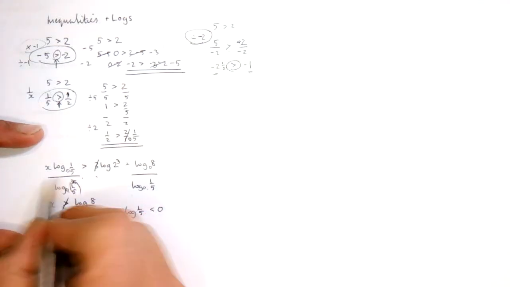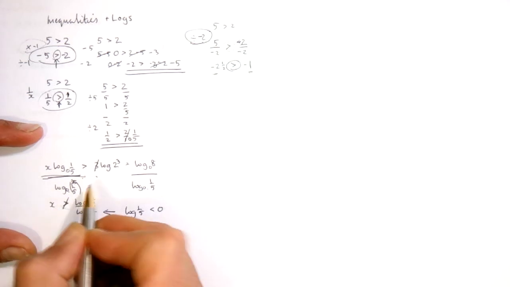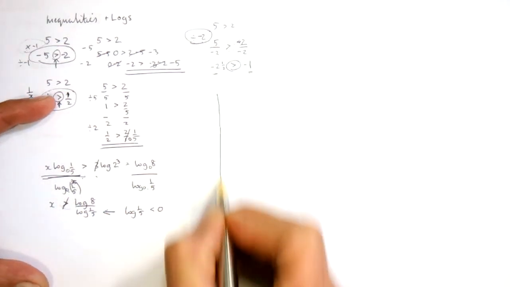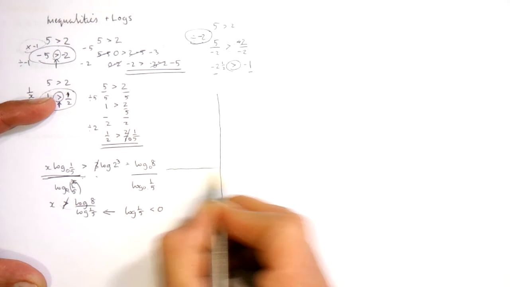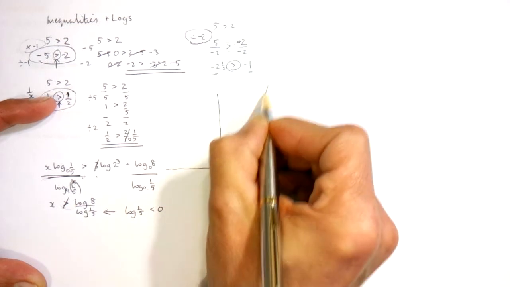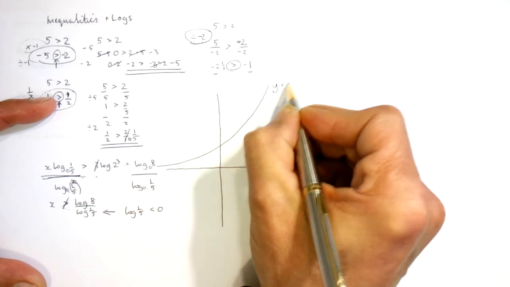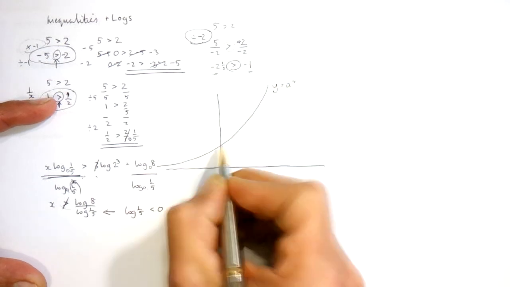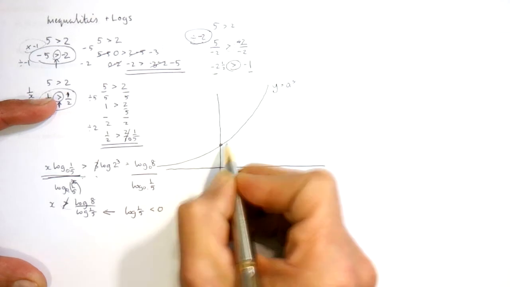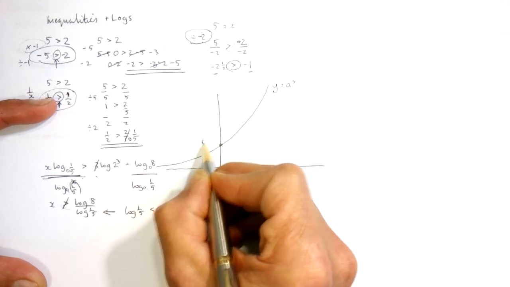We can understand which logs give us a negative by thinking about the log graph. So we know what y is equal to something to the power of x looks like. That graph goes through 0, 1.